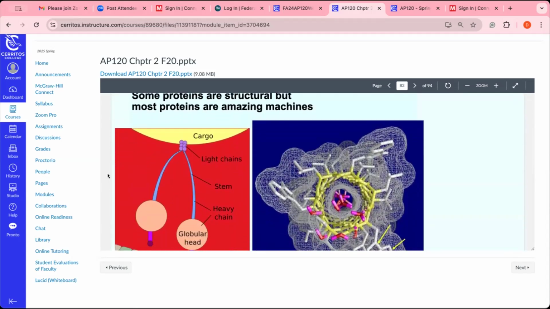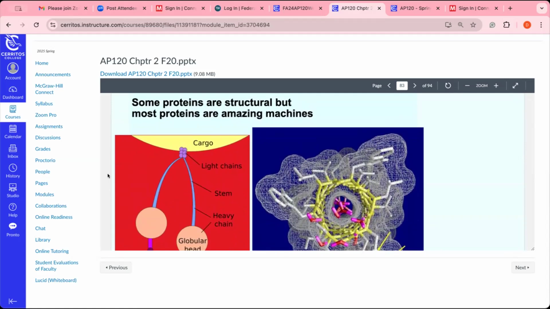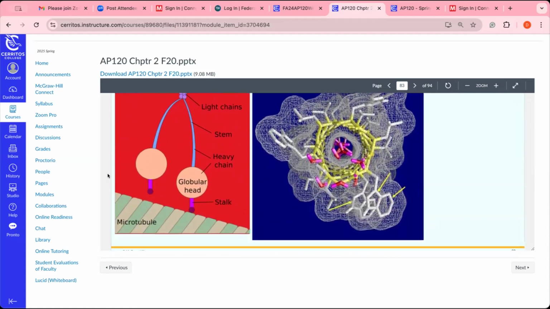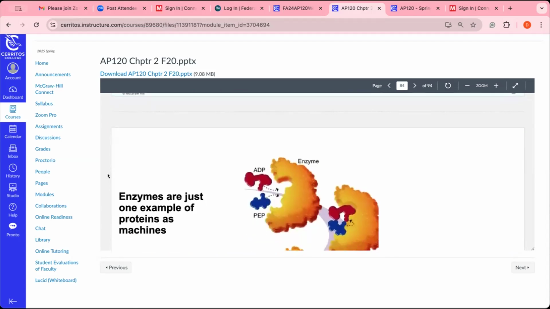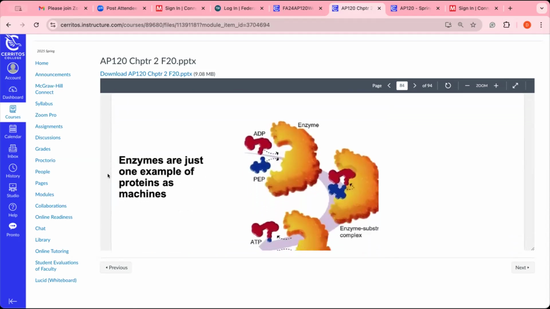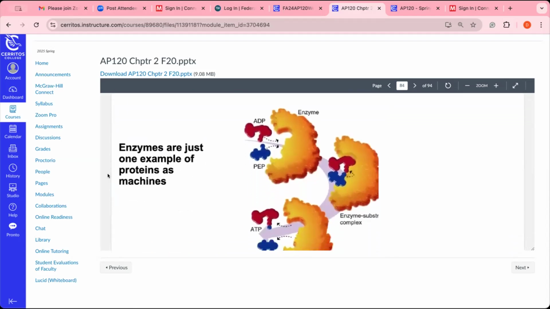Some proteins are structural, but most are amazing machines. And here are some examples, pictures of proteins. Enzymes are just one example of protein machines.